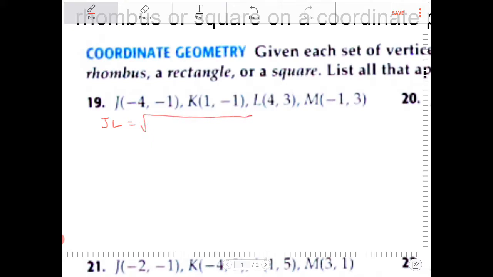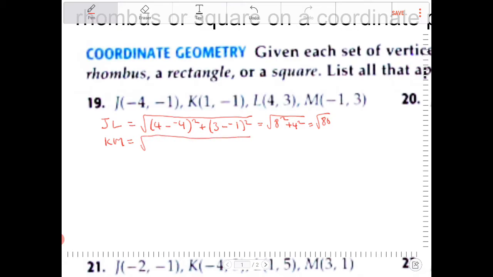So JL will be the square root of 4 minus negative 4 squared plus 3 minus negative 1 squared. If I perform this computation, that's really 8 squared plus 4 squared, which is 64 plus 16, so that would be the square root of 80. I'm not going to reduce this because we really don't have to. Then KM will be our other diagonal.